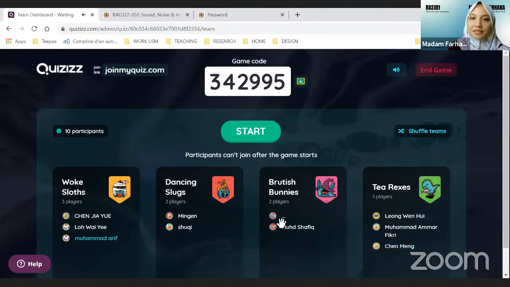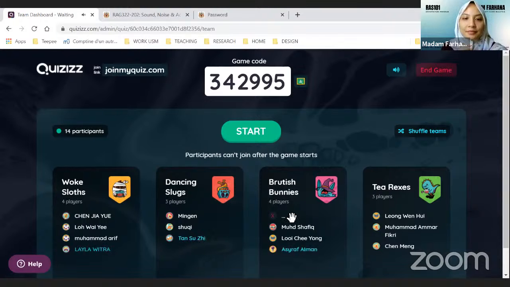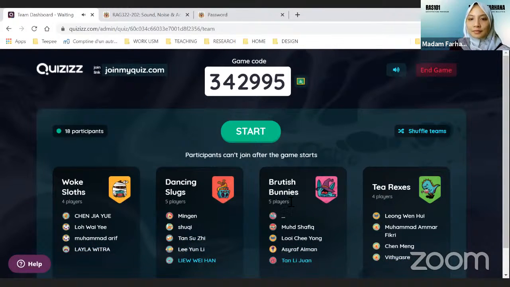Who is this one? Under British Bunnies, please write your proper name, okay? This dot dash apa dot ni. You can exit first and can you enter again for this one.